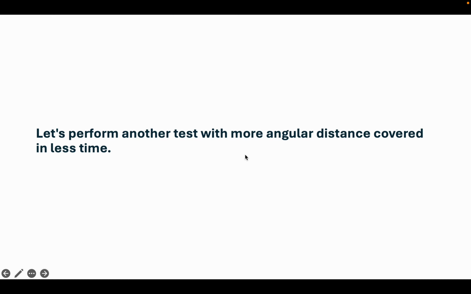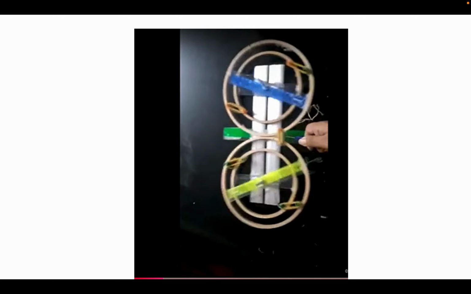Let's perform another test with more angular distance covered in less time. Okay, same thing. Let's move to the next slide. Here you can see the distance is more, so of course more power will be received, and let's see the momentum.